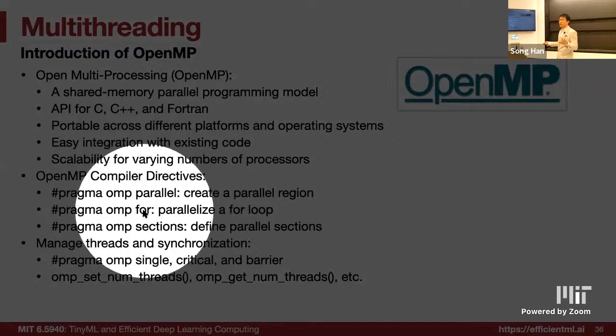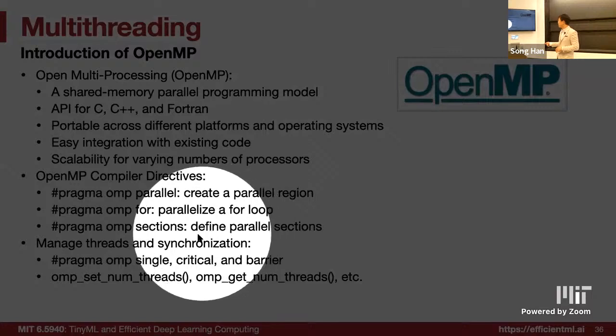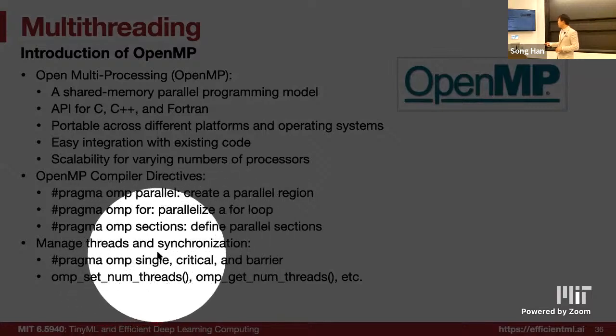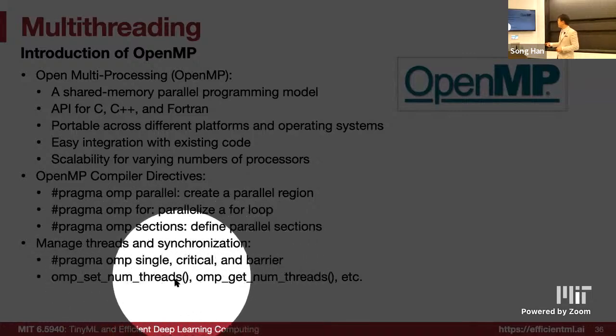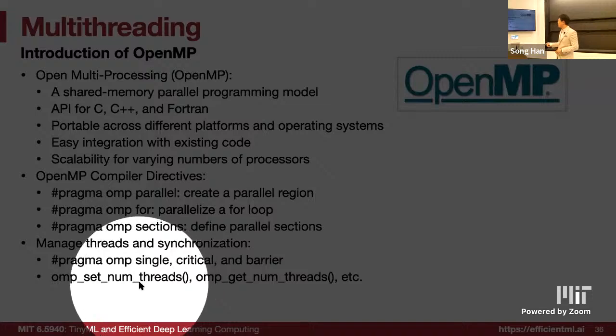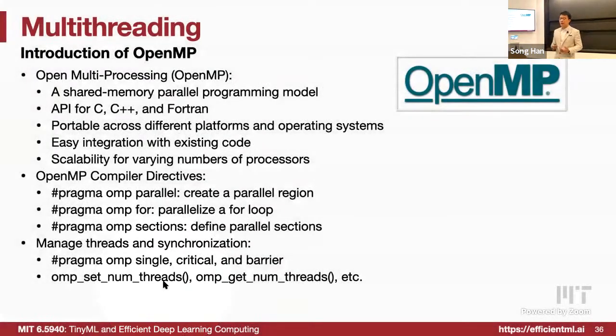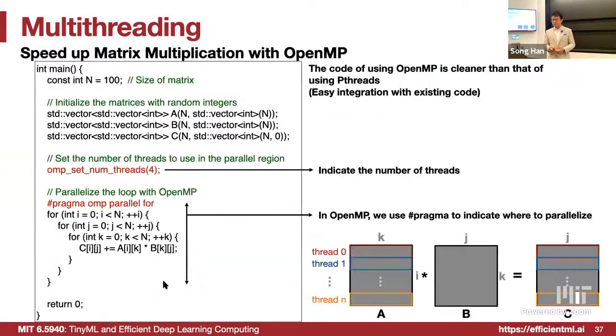You specify which for loop you want to parallelize and which section you want to parallelize. It also has very simple synchronization intrinsics: OpenMP single, critical, and barriers. And you can easily set the number of threads by calling these interfaces.